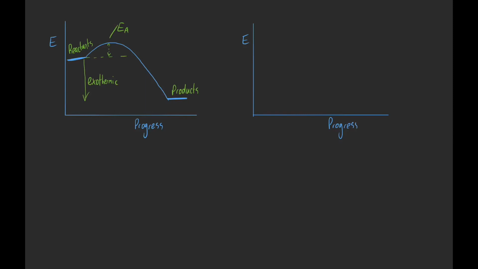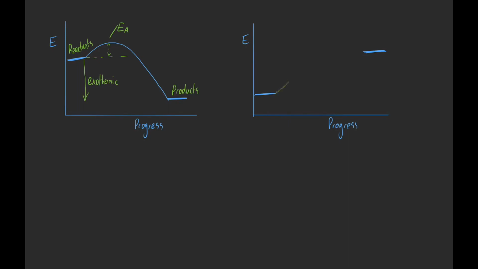So let's now start at a lower energy for our reactants and end with our products at higher energy. So now what we have is an endothermic process. And again, we don't join our reactants and products up with a straight line. Instead, the energy will track some kind of profile as the reaction progresses.